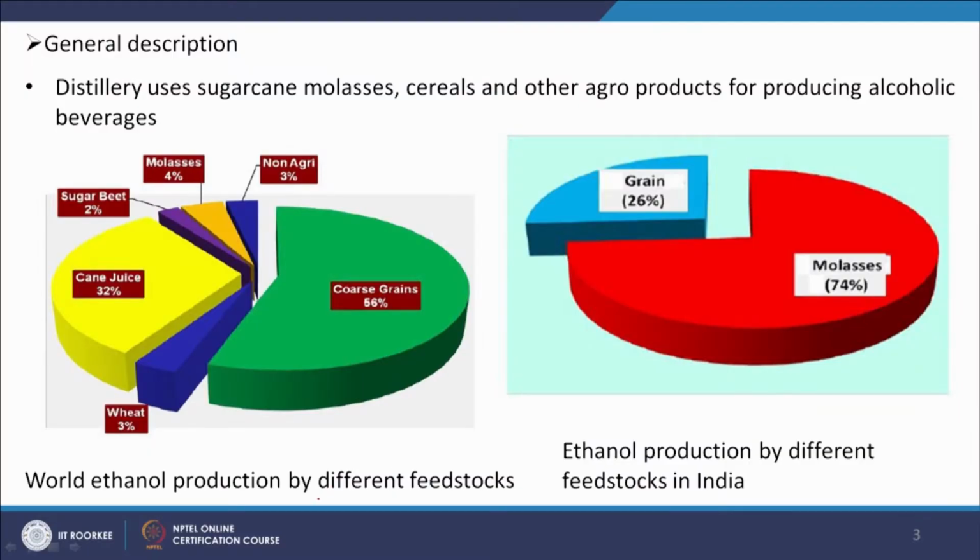Okay. So, now this slide shows us the relative contribution of different grains and molasses for the ethanol production through the distillery unit.